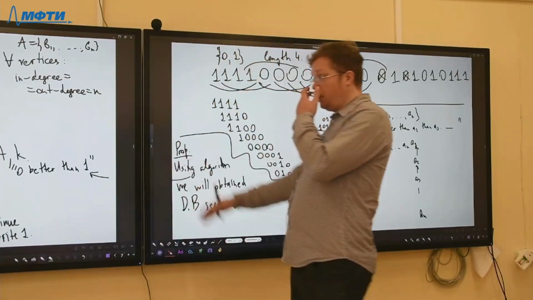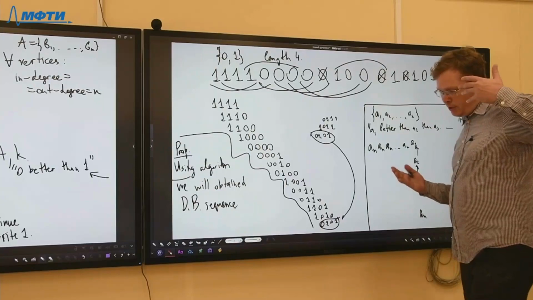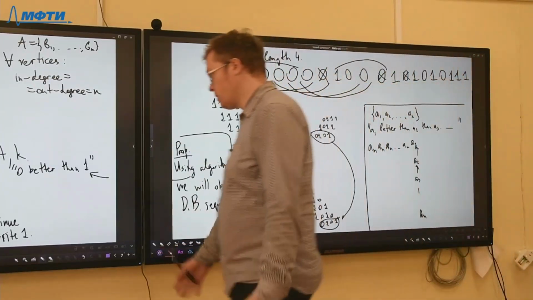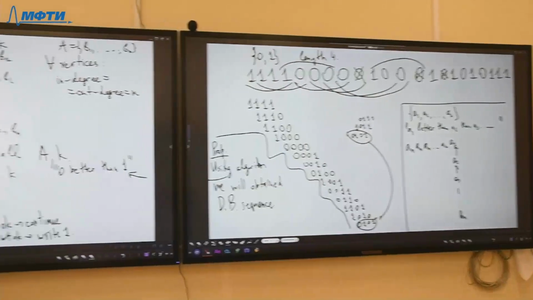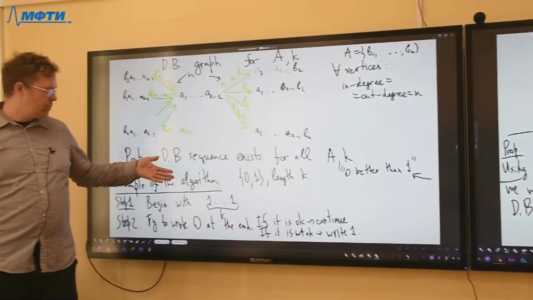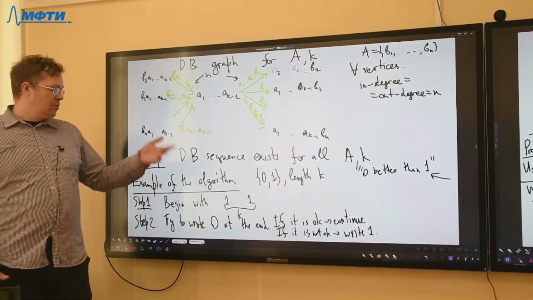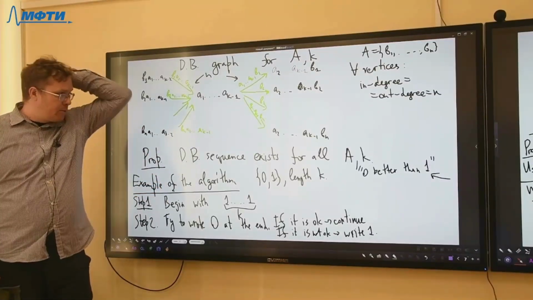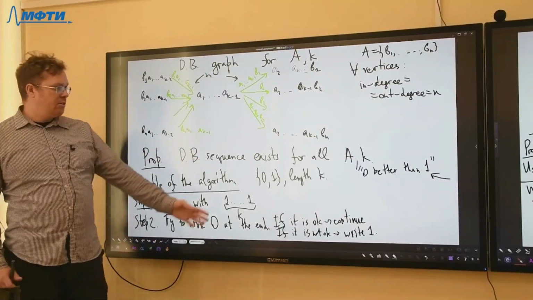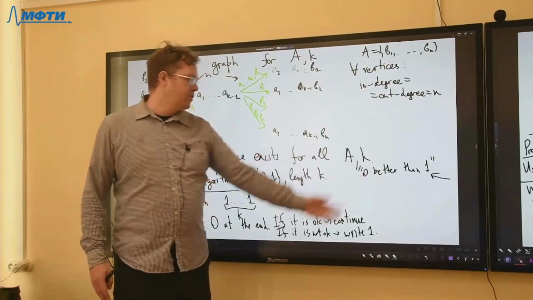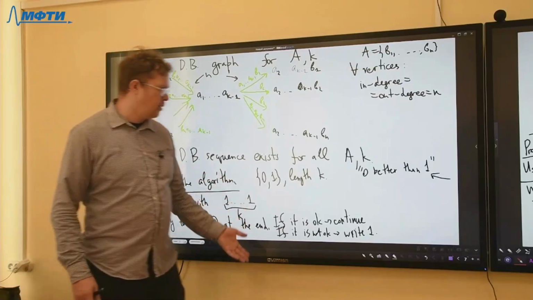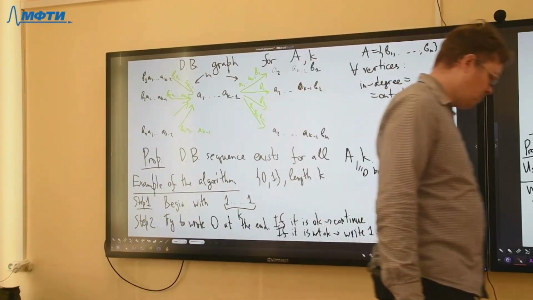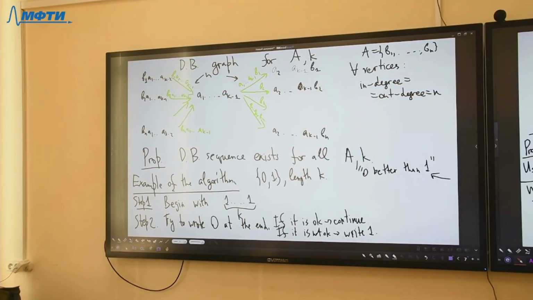And this is much easier than just knowing that we have an Euler circuit, an Euler trail. Because this is a straightforward algorithm, you can easily write code in Python to produce this De Bruijn sequence, you just check whether the word is okay. There are different versions of this algorithm, and we just need to prove that this algorithm works.